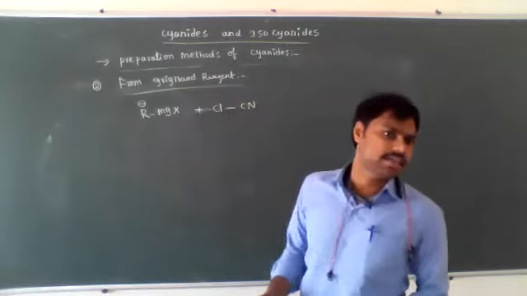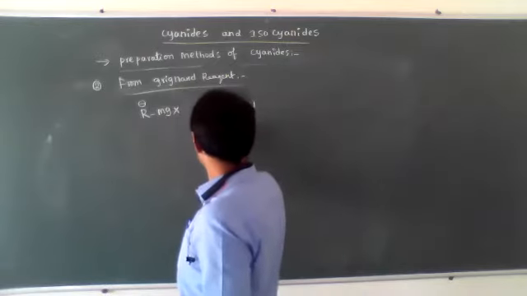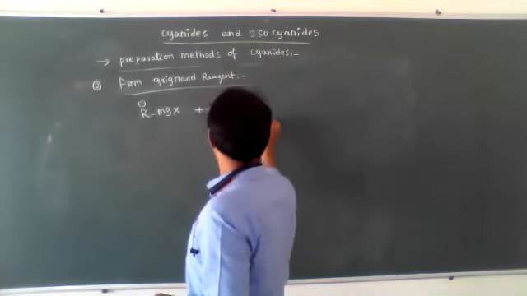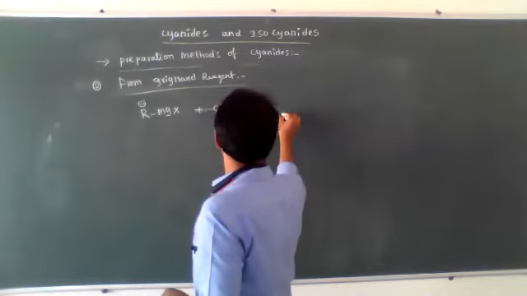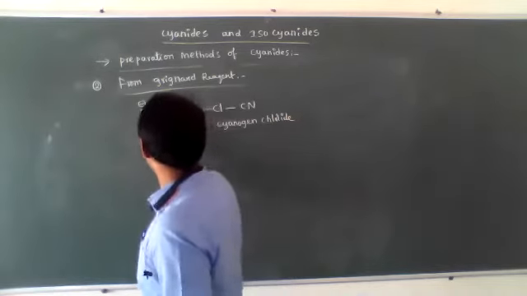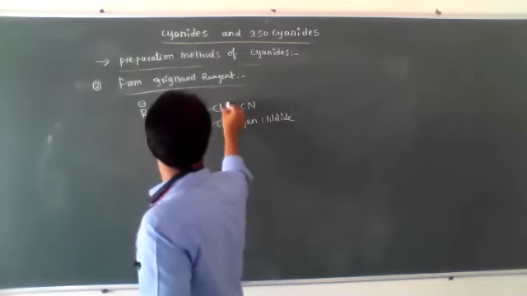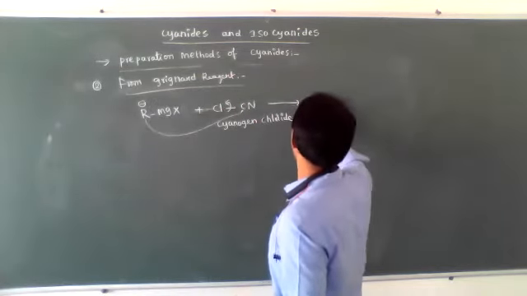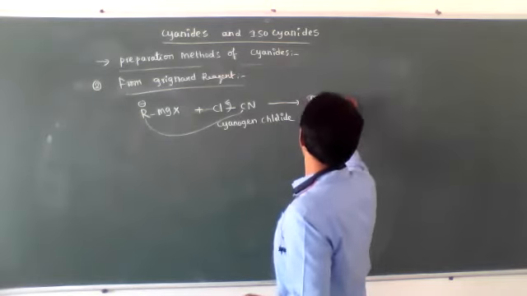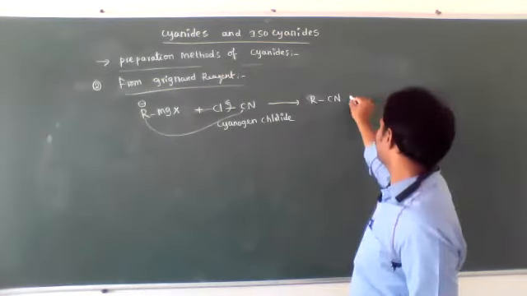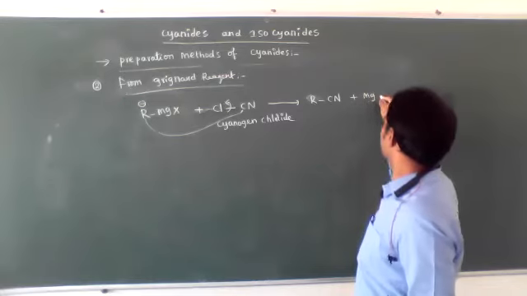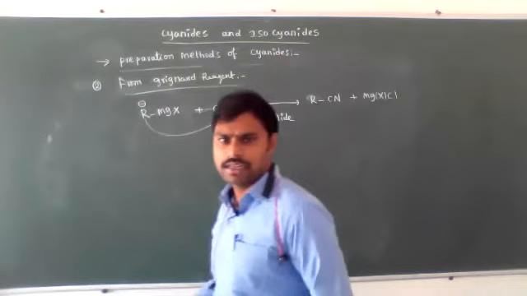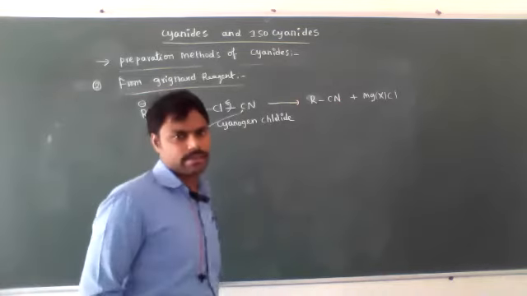ClCN is called cyanogen chloride. This chloride is a good leaving group. It will come out, then RCN, cyanides, plus the byproduct is MgXCl. This X is also chlorine. Then we are getting MgCl2 as the byproduct.